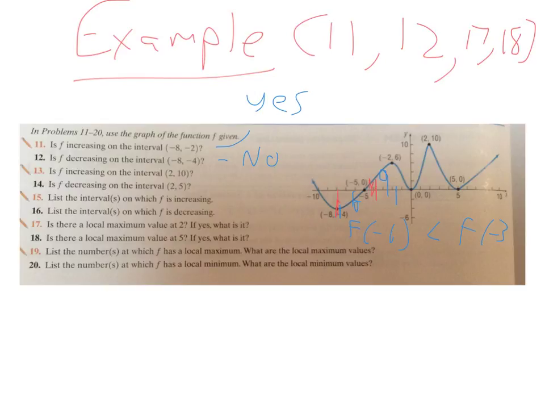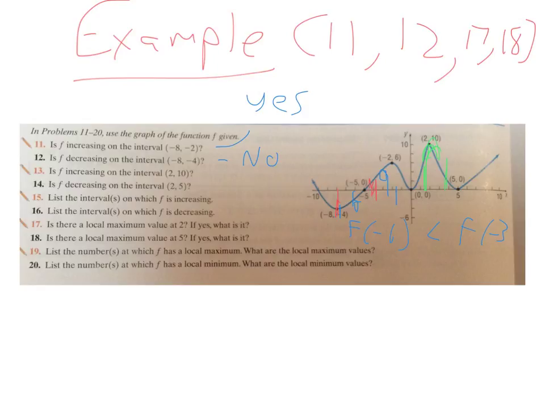Now for number 17, is there a local maximum at x equals 2? Alright, to tell from a graph if there's a local maximum, you look to see if there are any peaks. Like here, you see how there's a peak? That means if you were to isolate any interval containing this point, you see how there's a little bump right there?